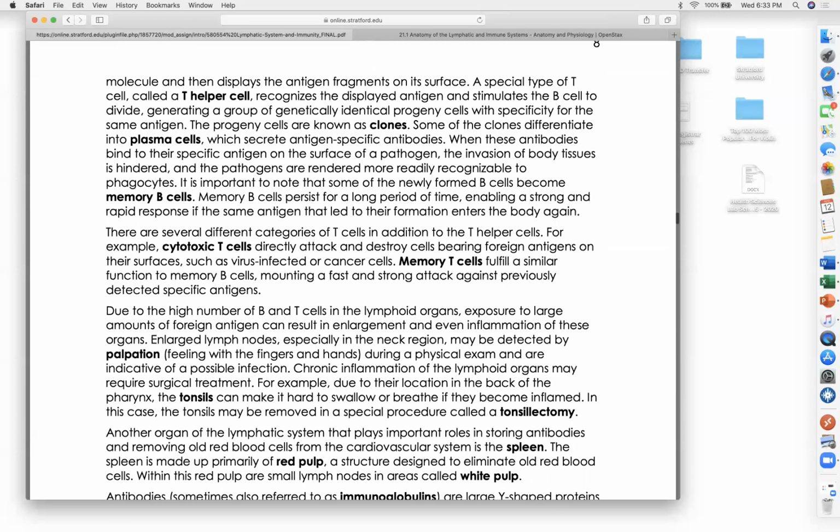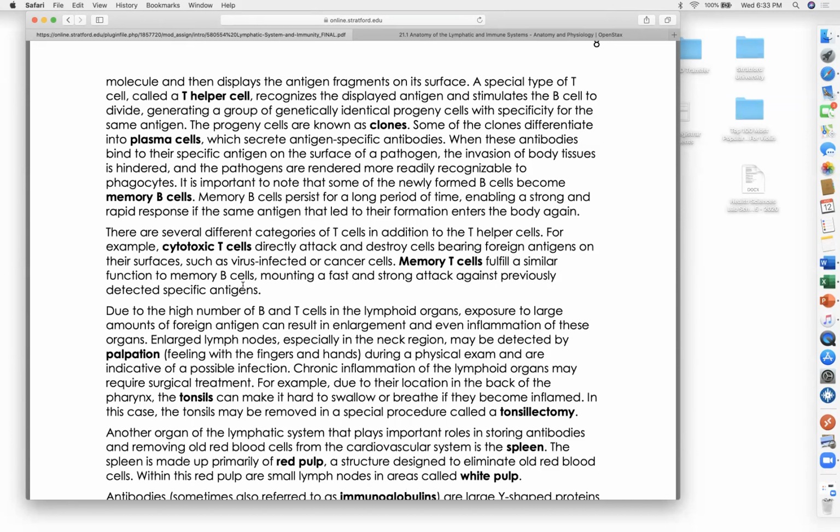Now, what's so great about T cells and B cells? Well, T cells and B cells respond to specific pathogens. We already know that every cell has a glycoprotein coat. You should recall that from your Anatomy and Physiology 1. That means they can be identified chemically.